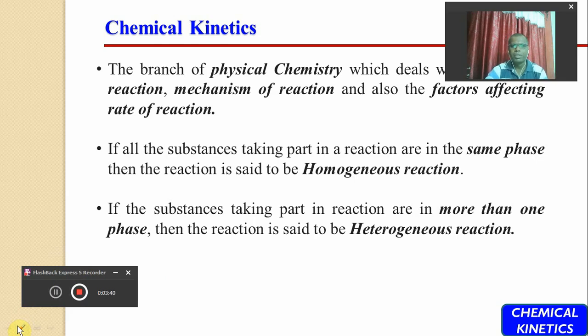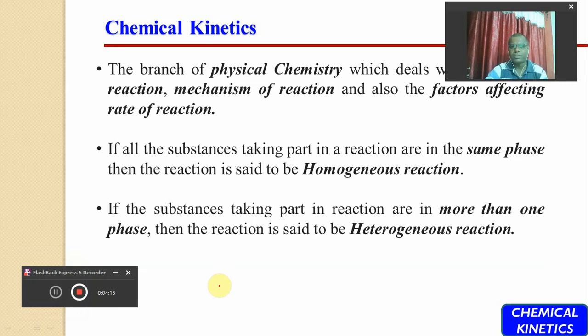The main important use of chemical thermodynamics is that from its concepts we are able to predict whether the reaction is possible or not, but we are not able to predict the mechanism of the reaction or the pathway of the reaction. The rate of a chemical reaction cannot be studied with this branch. It only tells whether the reaction is possible or not, yes or no.